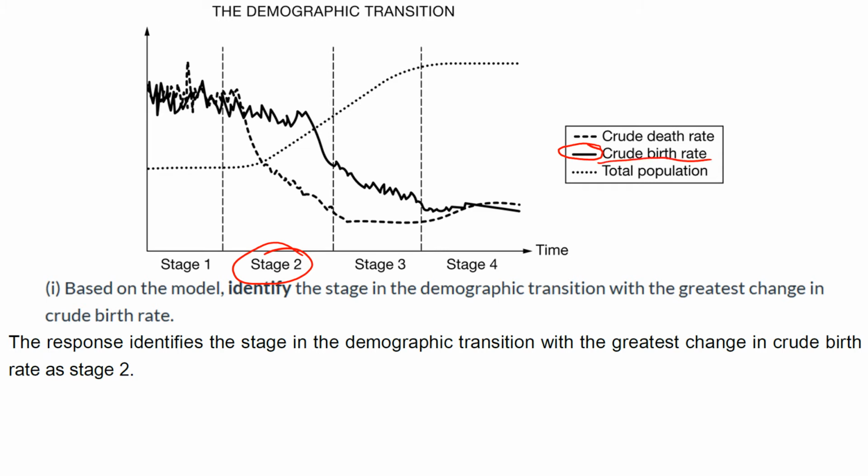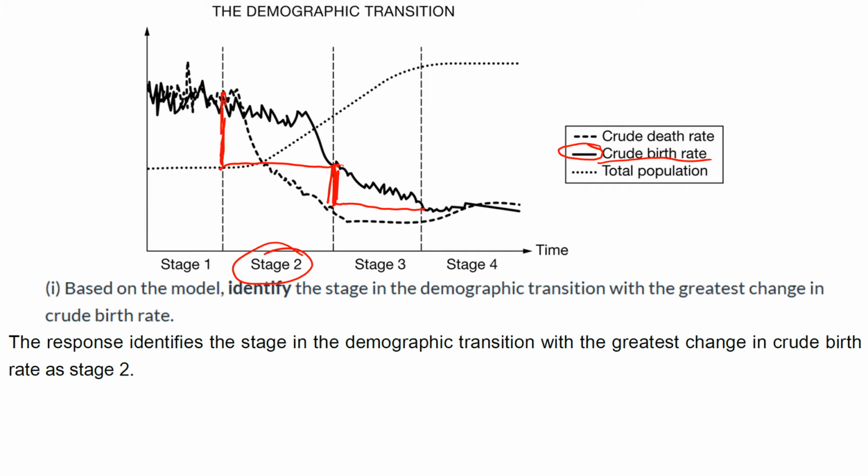If I take the start of stage 2 and follow the black line to the end of stage 2, draw the difference. This difference, y'all, is much bigger than the difference in stage 3. Okay, so looking at the graph alone, I can tell it was stage 2, not stage 3.